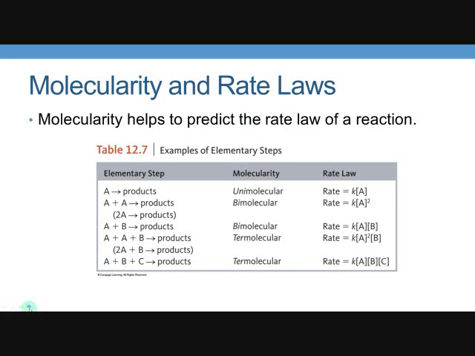When it's unimolecular, this would be like the decomposition. Bimolecular, you could either have 2 of the same reactant, or 2 different reactants reacting. And termolecular, you could have multiples of the same reactant, or different reactants.